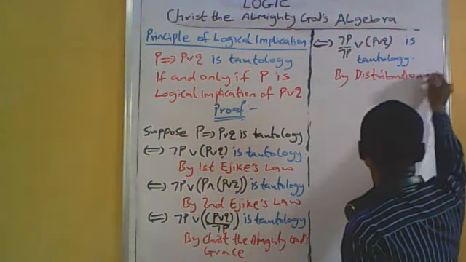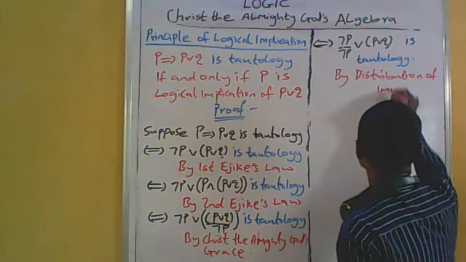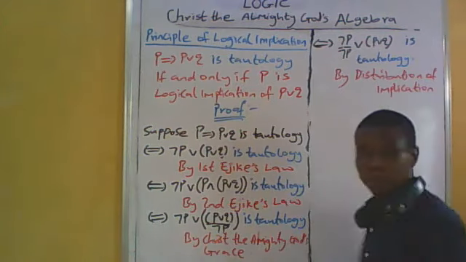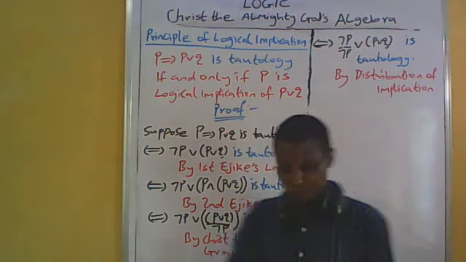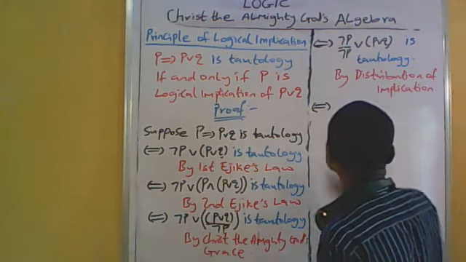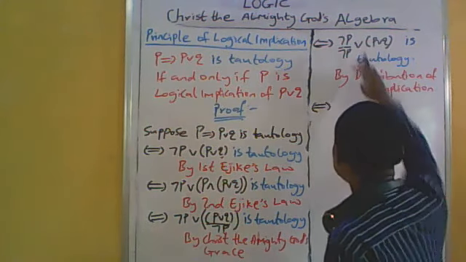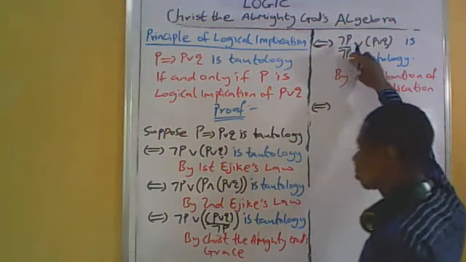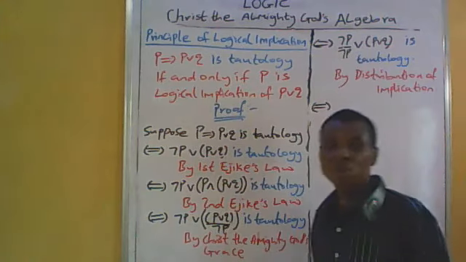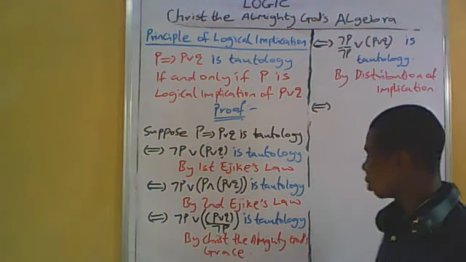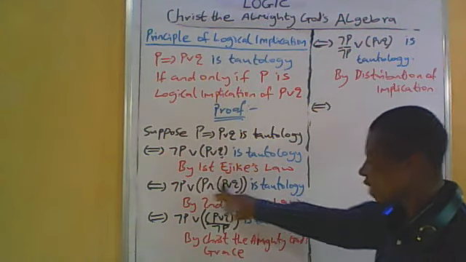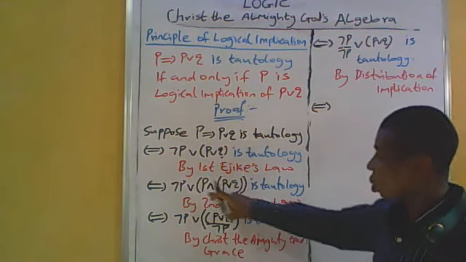Distribution of implication. We continue. So if and only if. Now we are going to revise this not P to a conjunctive statement because it has been derived from a conjunctive statement.